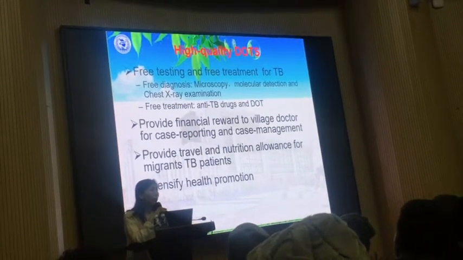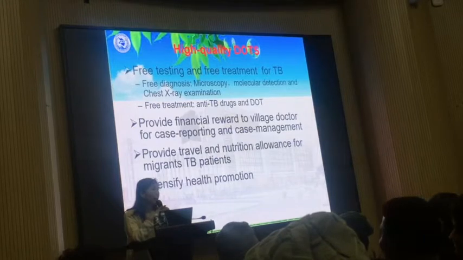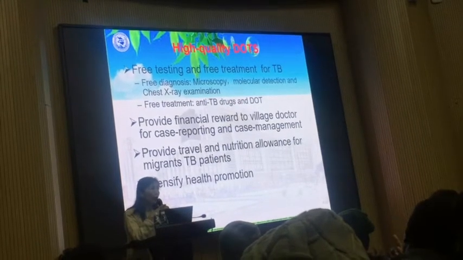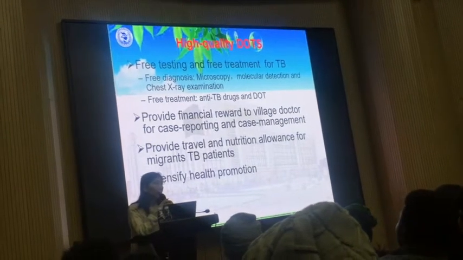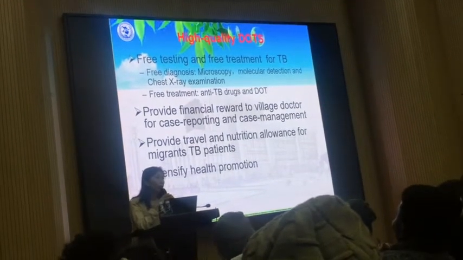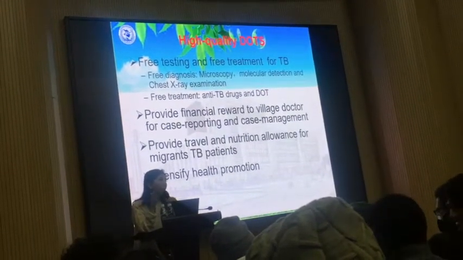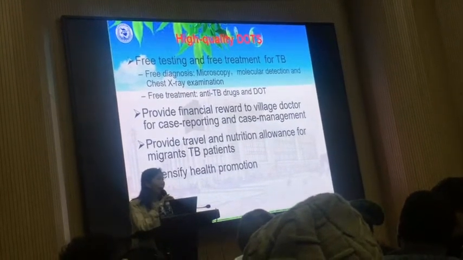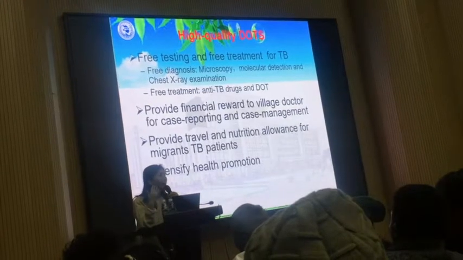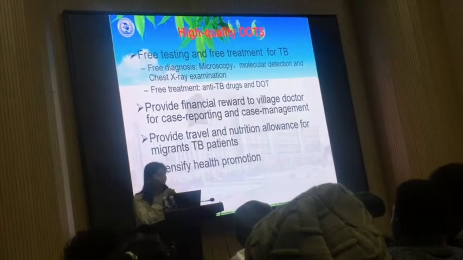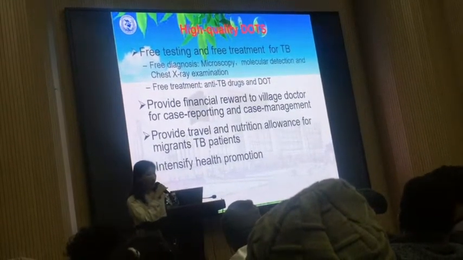But the MDR-TB patients need them. Before, a lot of MDR-TB patients refused to be treated because of the high fee of treatment. But now in our province, we provide free second-line anti-TB drugs for them.